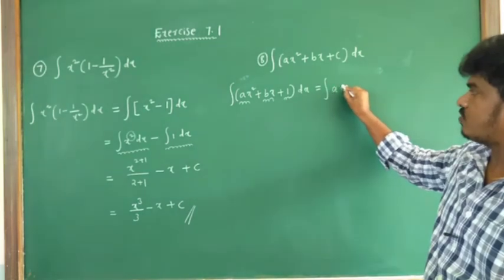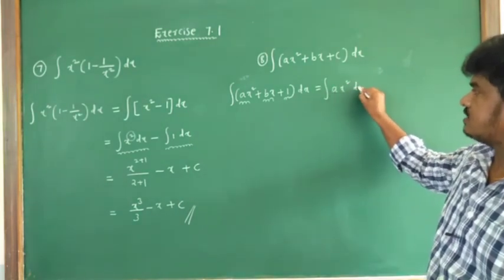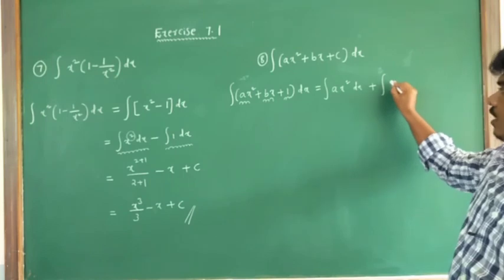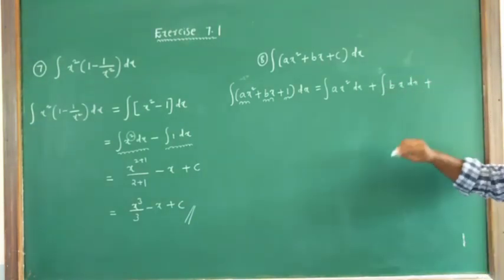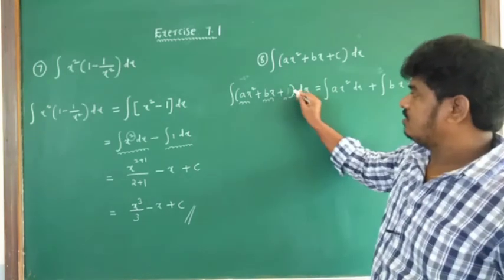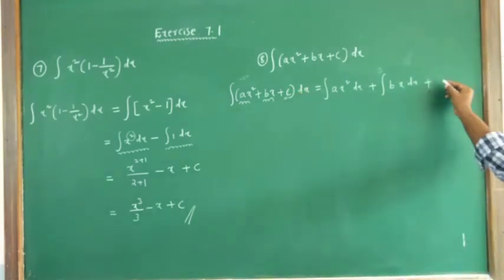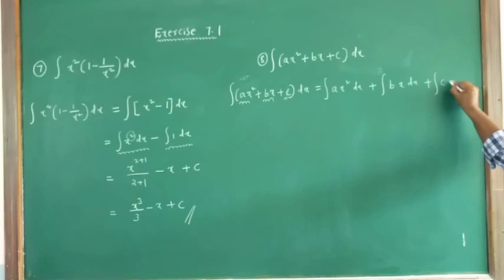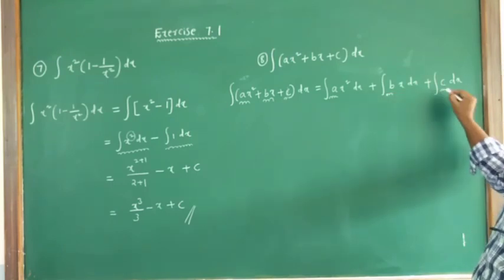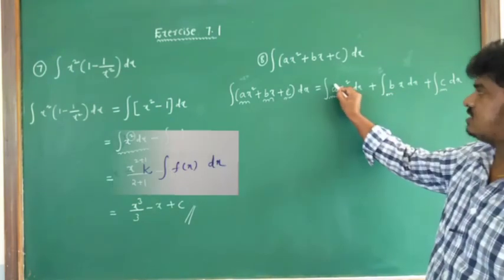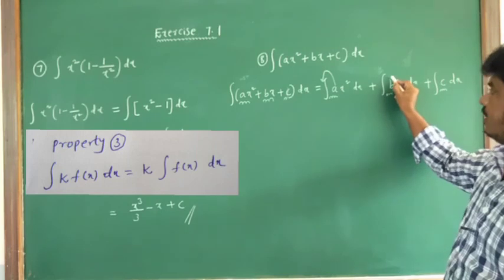Integral of ax square dx plus integral of bx dx plus, sorry, it is c, integral of c dx. Here a, b, c are constants, just take them out from the integrals.